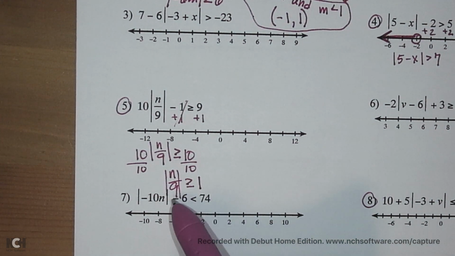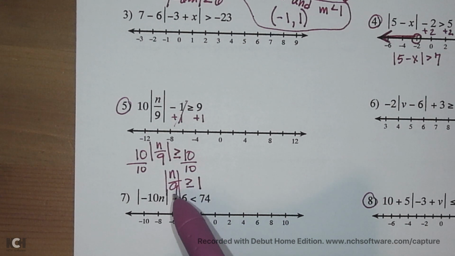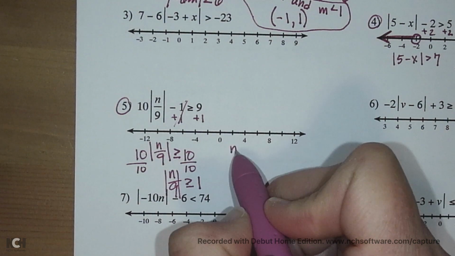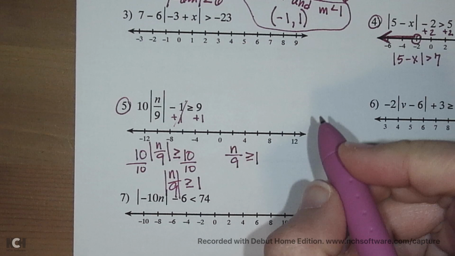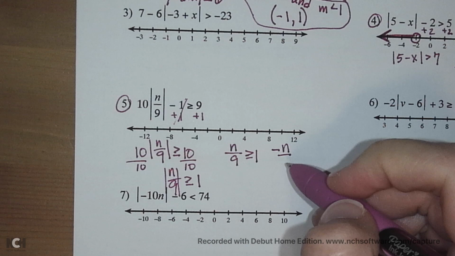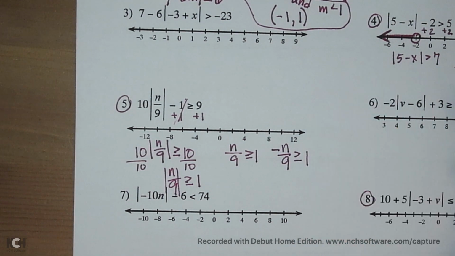Now we have our absolute value all by itself on its side of the inequality, and we can divide it into two separate inequalities now. So we're going to have n over 9 greater than or equal to 1, and we will also have negative n over 9 greater than or equal to 1.